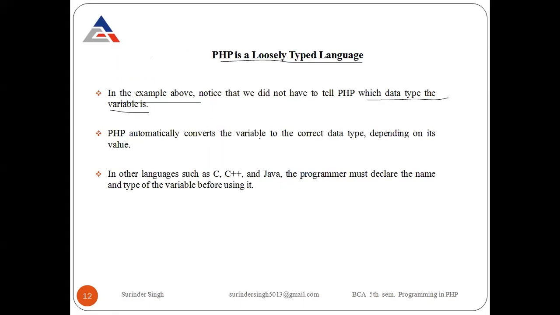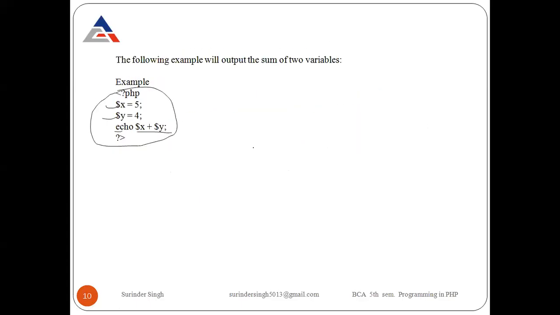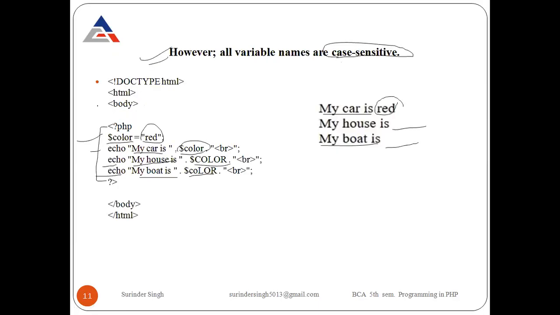PHP automatically converts the variable to the correct data type depending on its value. The type of variable is decided on the basis of the value it has. Like 5 is an integer, 4 is an integer, so variables X and Y both have integer data type.